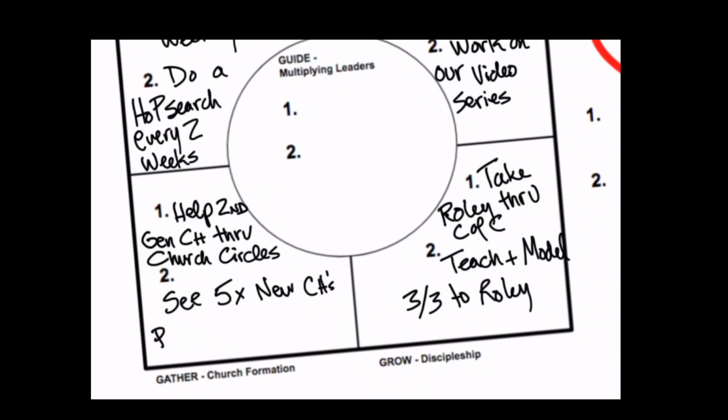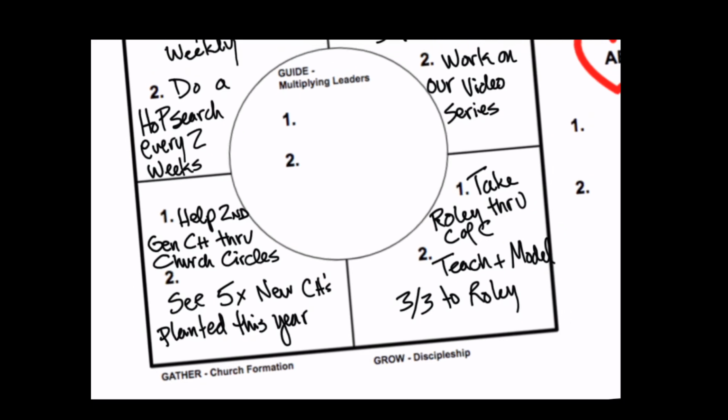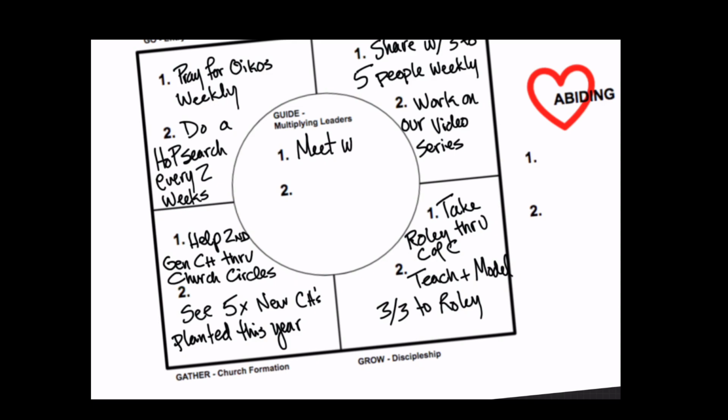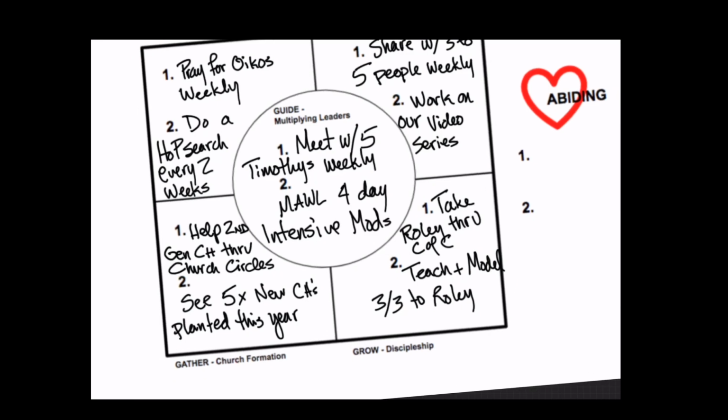Now this would be our network, not just one church. So a network of 15 to 20 churches, planting 5 new churches. For our leadership, I want to meet with 5 Timothys at least once a week. And I want to maul them in the 4-day intensive modules.